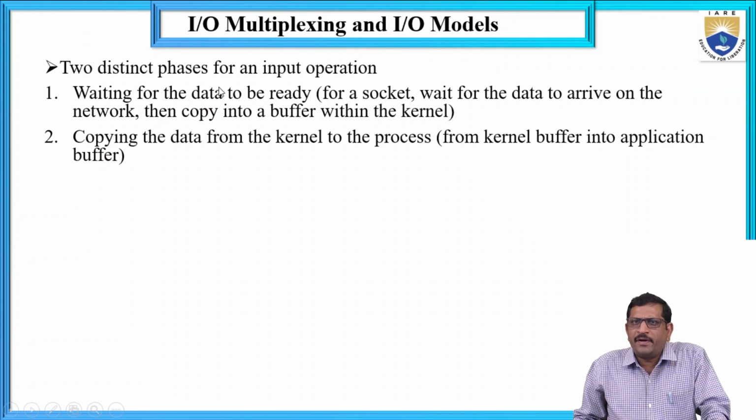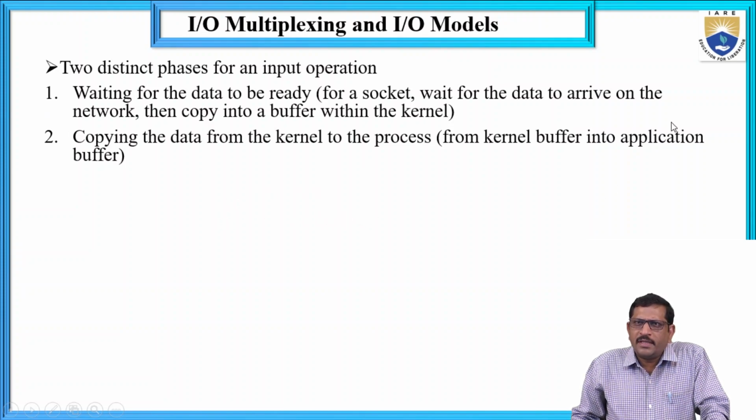Now you are waiting for the data to be ready, and the client is ready to send the data. Once the client is ready to send the data to the server, the server socket will be ready to receive the data. It is waiting for the data to arrive. The server is waiting for the data to arrive on the network, then it is copied into a buffer within the kernel.